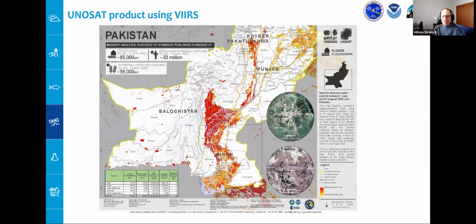So they're taking several months of data and getting that maximum flood extent for those 2 months. And they're also combining that not only with population and cropland impacts, but also other optical satellite data, as can be seen here and here. But there's also key information on the amount of impact that is being done.